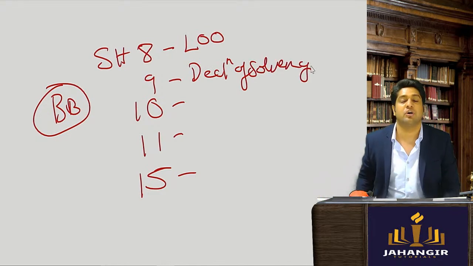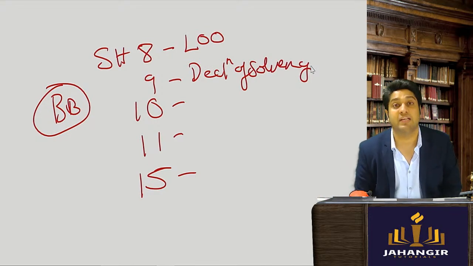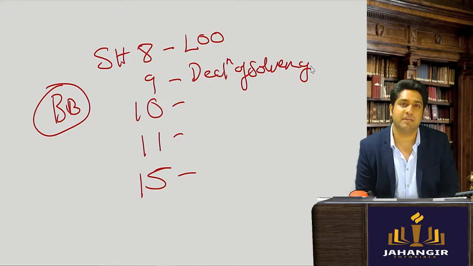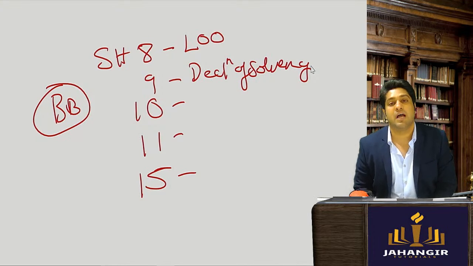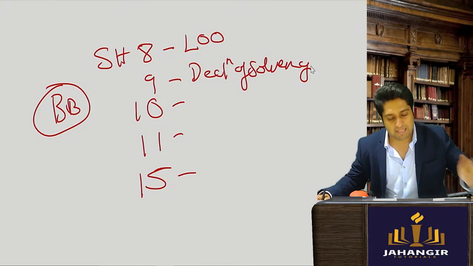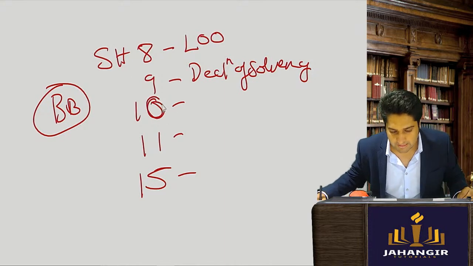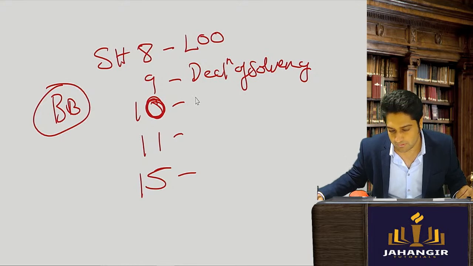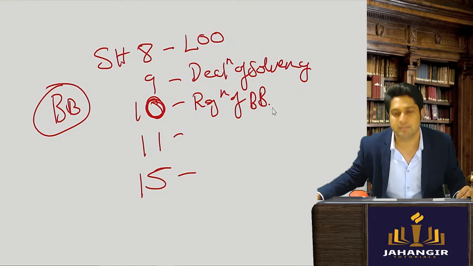A declaration of solvency, the board of directors will have to declare solvency, that they have the money to do the buyback, they will be able to pay off the shareholders, and the declaration of solvency will be for 1 year. Once they declare that, and declaration of solvency is done, then will come the register of buyback.